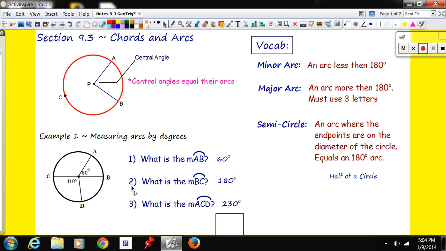And then what is the measure of ACD, which means we've got to add this angle plus this angle. Well, if this is 60 and this is a linear pair right here, this has to be 120. They have to add up to 180 degrees.